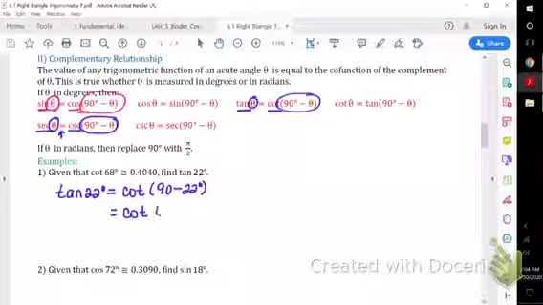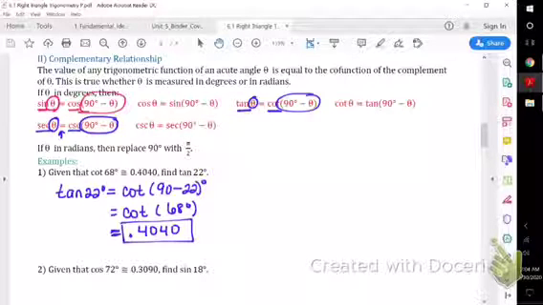So 90 minus 22 degrees, I should have put my degree symbol on the outside there, sorry about that, because they're both degrees. So 90 minus 22 is 68 degrees. And we know from above that cotangent of 68 degrees is 0.4040. So is the tangent of 22 degrees. So there's our answer for that one.